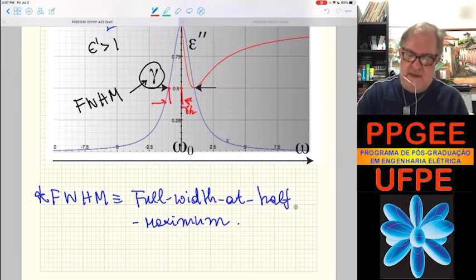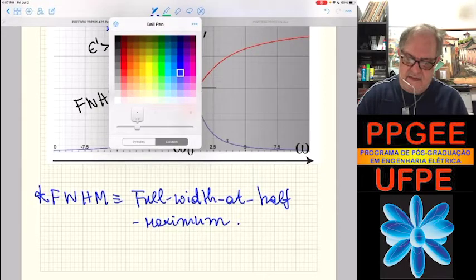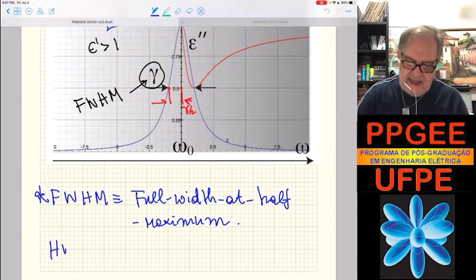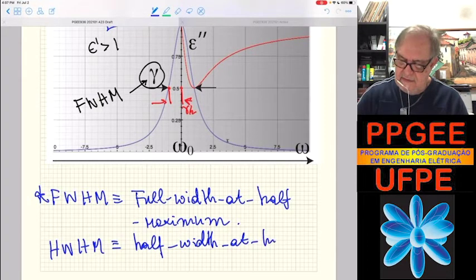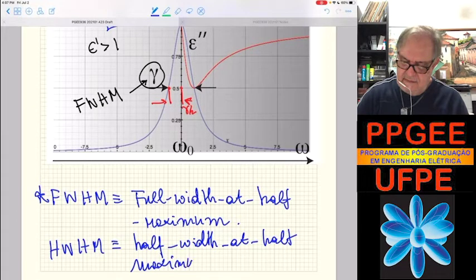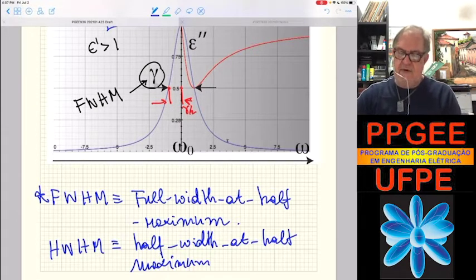We also use this other one, HWHM, which is half width at half maximum. So in this case, gamma over 2 is the HWHM, and gamma is the FWHM of this resonance curve.